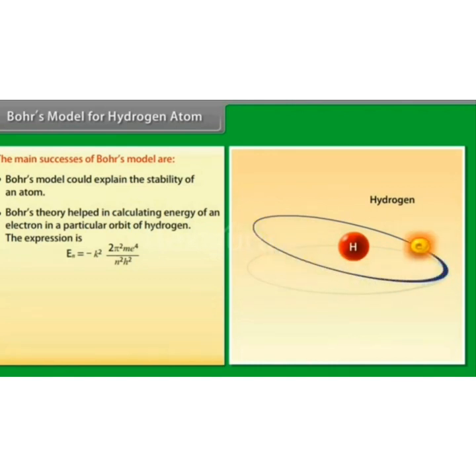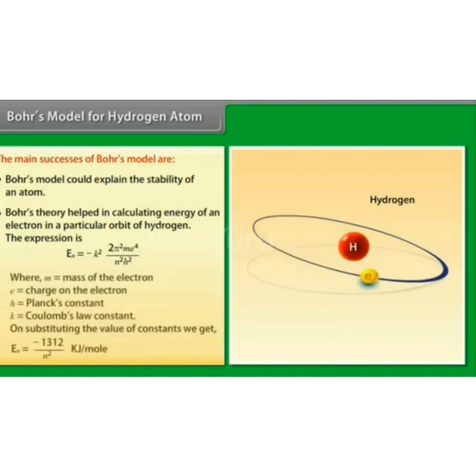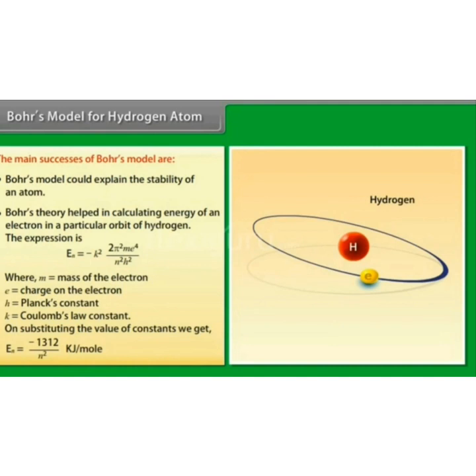The expression is En = −k² · 2π² · m · e⁴ / (n² · h²), where m is mass of the electron, e is charge on the electron, h is Planck's constant, k is Coulomb's law constant. On substituting the value of constants, we get En = −1312/n² kJ per mole.